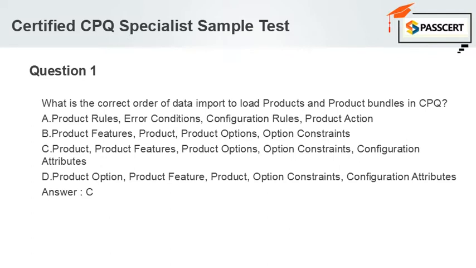C. Product features, product options, option constraints, configuration attributes. D. Product option, product feature, product, option constraints, configuration attributes. Answer. C.